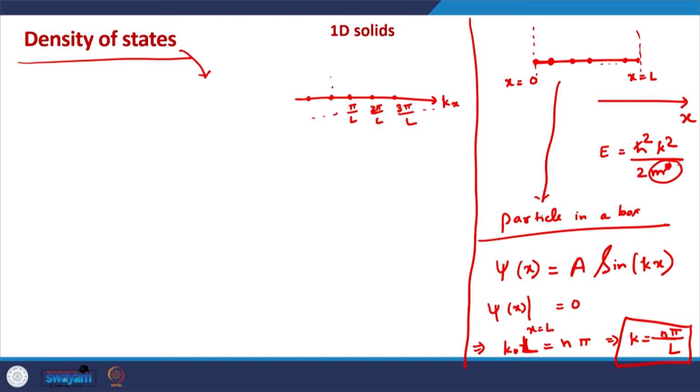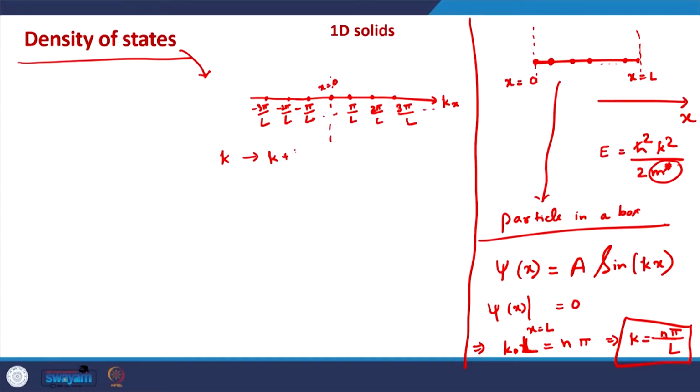Let us say this is the origin, even minus pi by L, minus 2 pi by L, minus 3 pi by L will also be valid solutions of the Schrodinger equation. Okay.